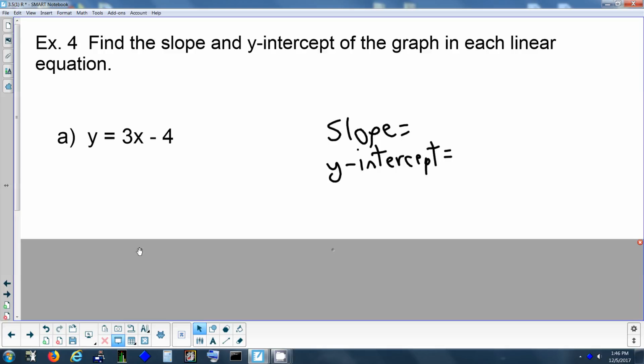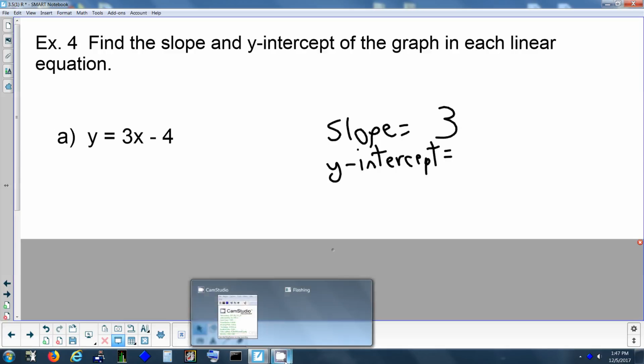Yeah, 3, right? Remember, the x is the hint. This number here is the slope. Make sure it's in slope-intercept form first. If it is, the number with x is always going to be the slope. So in this case, the number with x is 3. You don't need to write the x. The x is not part of the slope. It's just a hint that tells you it's the slope.